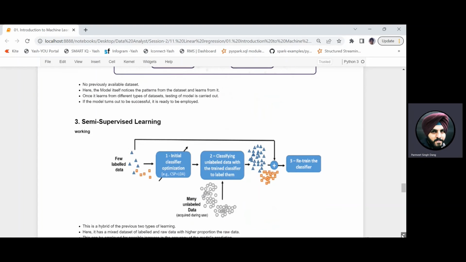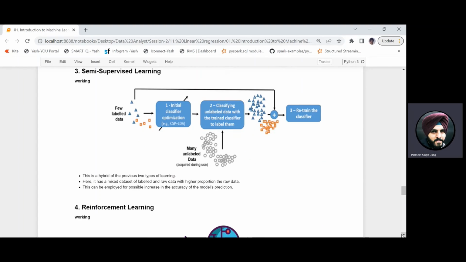If I talk about the semi-supervised machine learning algorithm, it is a combination of the supervised and the unsupervised. You would see here, this is basically a hybrid model, a combination of the previous two types of learning, and we have mixed data sets. In our data set, some are labeled and some are raw data. For the labeled data, there is no problem.